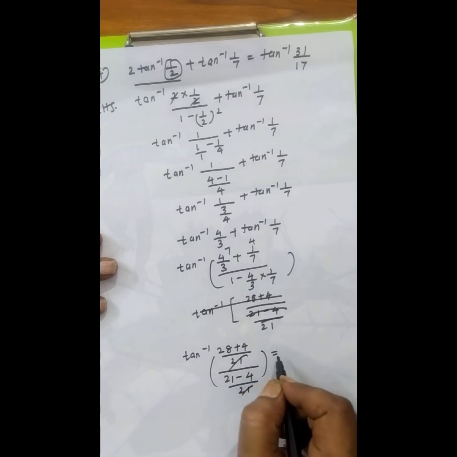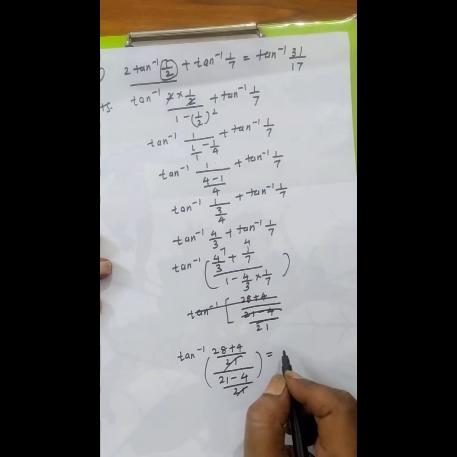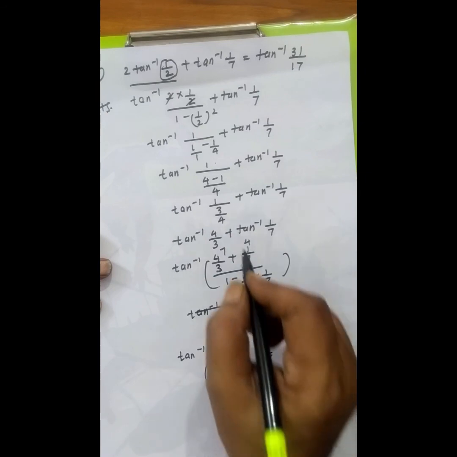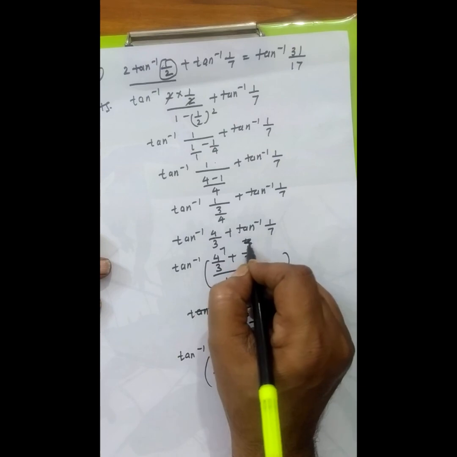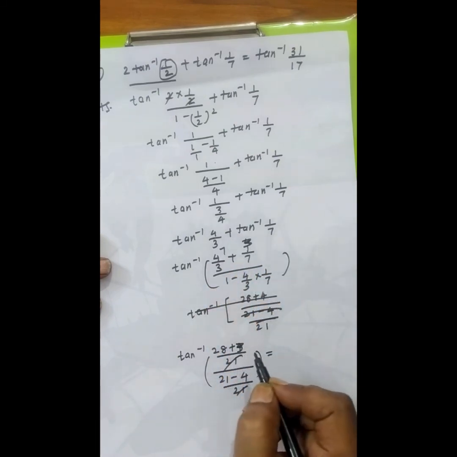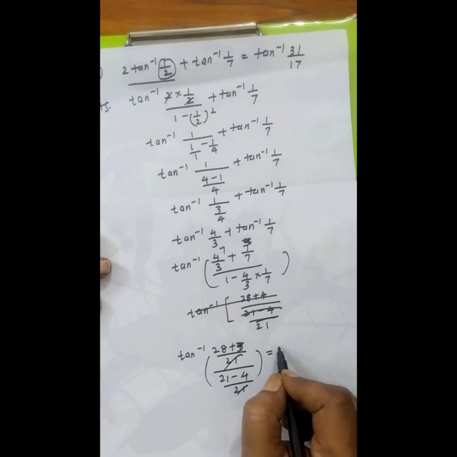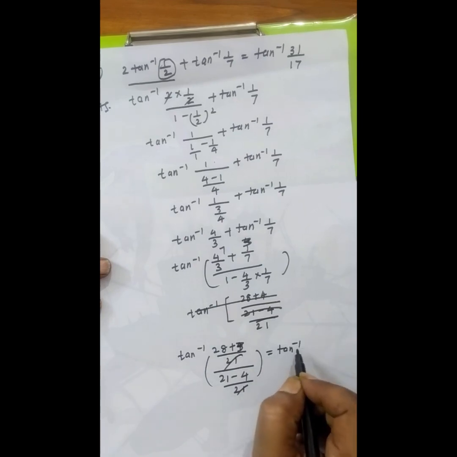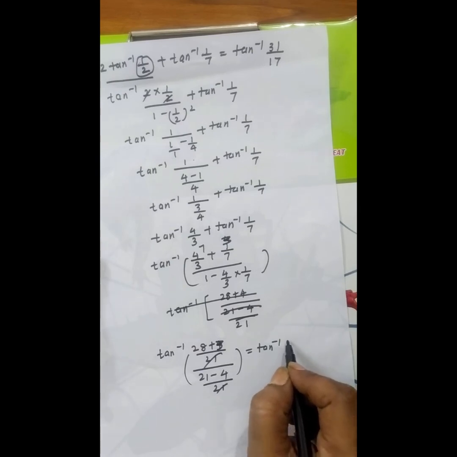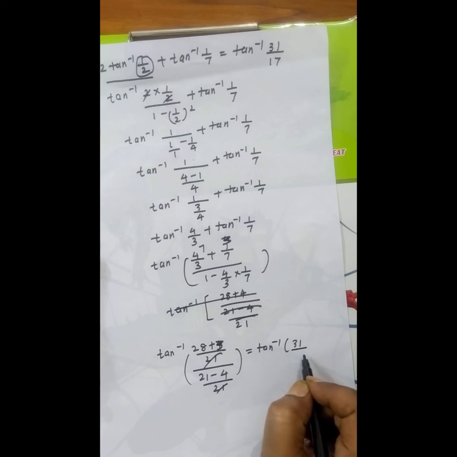So here LCM is 21, this will be 3. So this will be 28 plus 3. So it will be tan inverse of 28 plus 3 is 31 divided by 21 minus 4 is 17, which is your RHS.